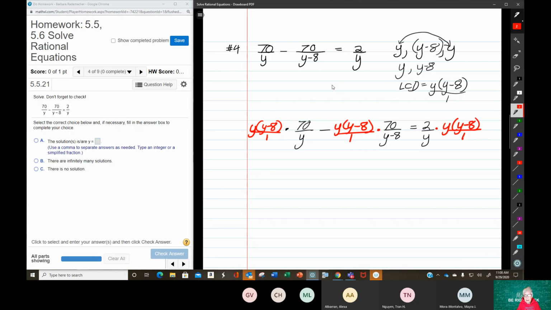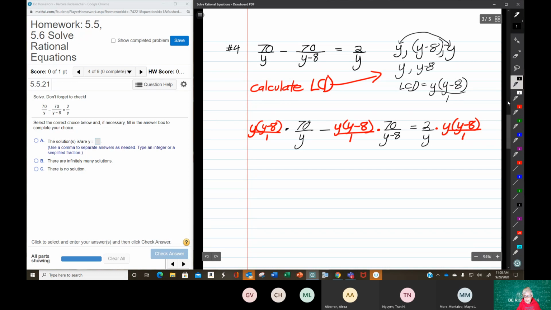I go over here, or wherever you want to go, and calculate the LCD. And one of the most fun things about LCDs is that they cancel out denominators. That's the main purpose of an LCD. So this y and this y are going to cancel each other.